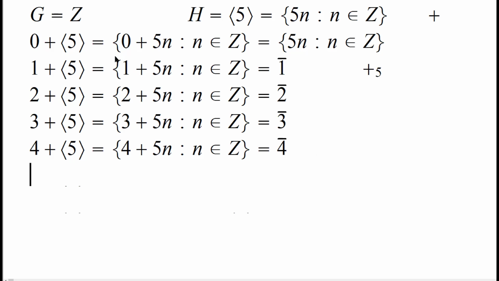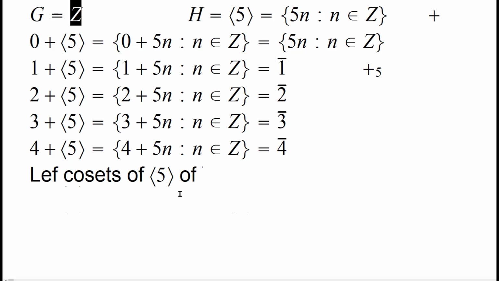So what we have is that the left cosets of this subgroup 5Z of Z are simply the integers modulo 5, right?